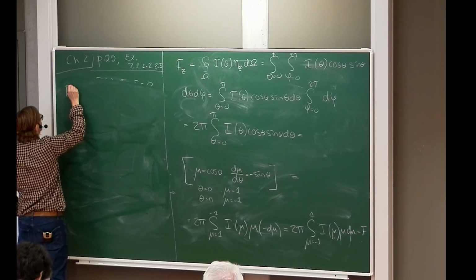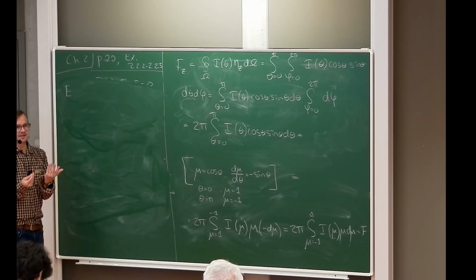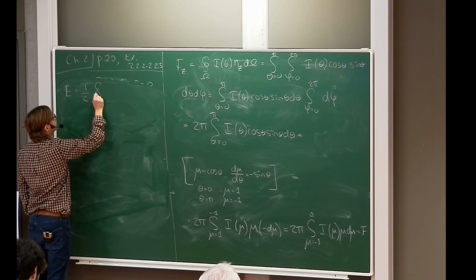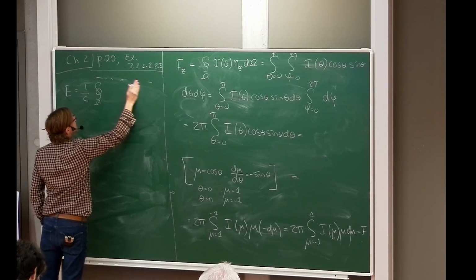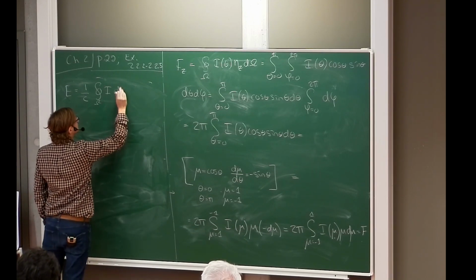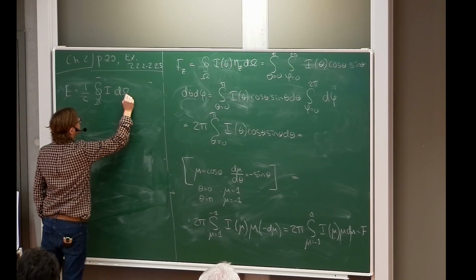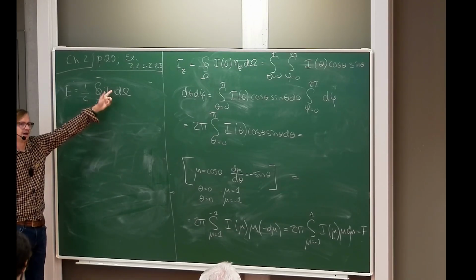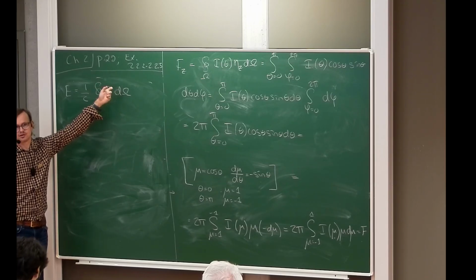We can set up that our definition of the energy density was 1 over c, integral over all solid angles, I d omega. But now I have said that this I is not a function of theta. It's not a function of phi. Thus, it's not a function of omega.